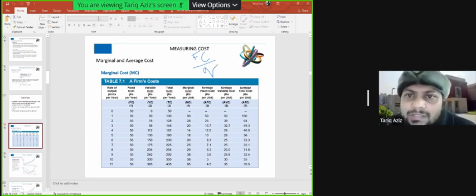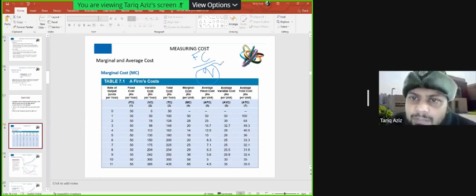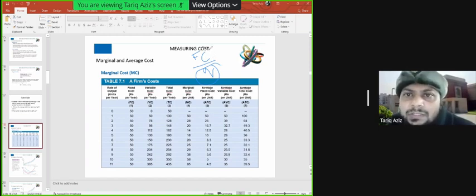The more we increase this Q, the output will keep decreasing. This is what is happening here, because fixed cost is constant. This component is constant, and we are increasing the denominator, that is the quantity or the unit of output. So that is why the behavior of average fixed cost is that it will keep reducing like this.